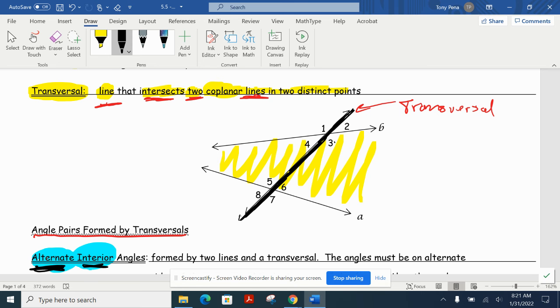There are only 4 angles inside: angle 4, angle 3, angle 5, and angle 6. If you look at angle 4, the angle that is also inside and on the same side is angle 5. So these are on the same side of the transversal and they're interior. So angle 4 and 5 are your same side interior angles.